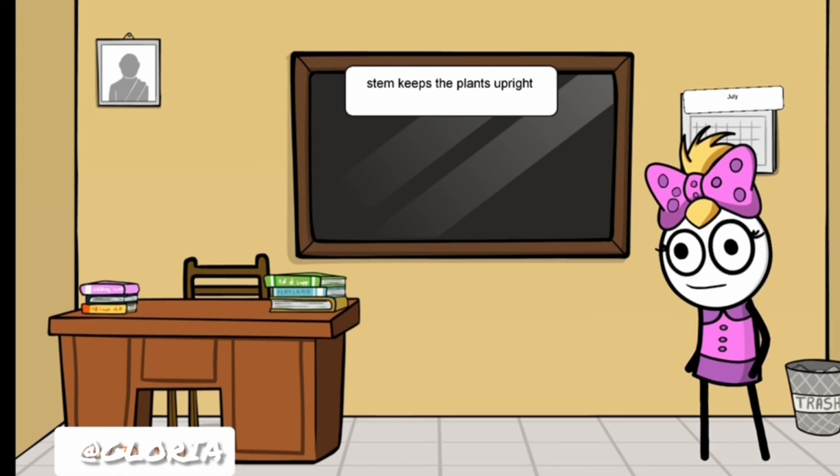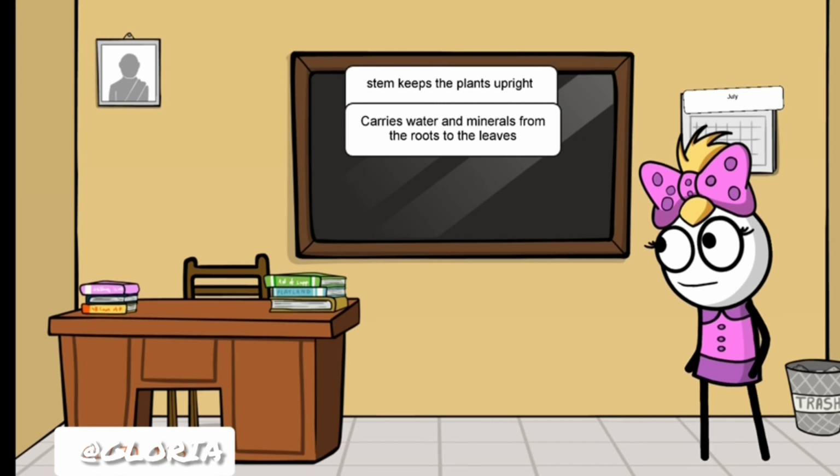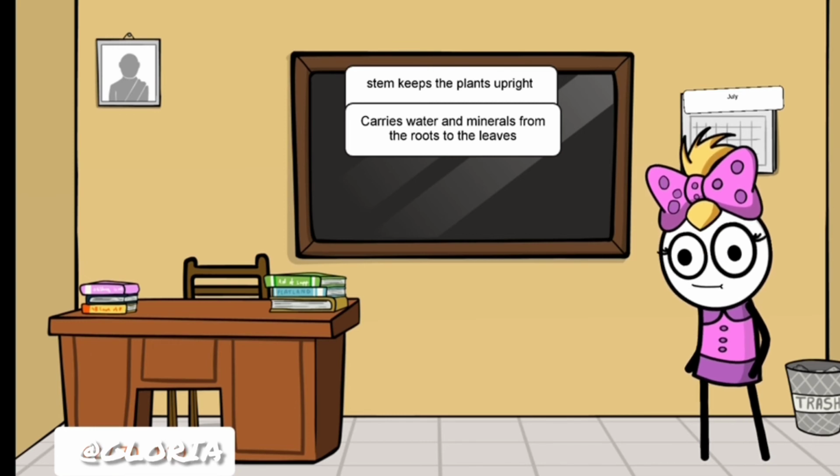Second function of the stem is that it carries water and minerals from the roots to the leaves. So the duty of the stem is to carry the water and minerals from the root to the leaves. We have already learned that roots absorb water and minerals from the soil, right?